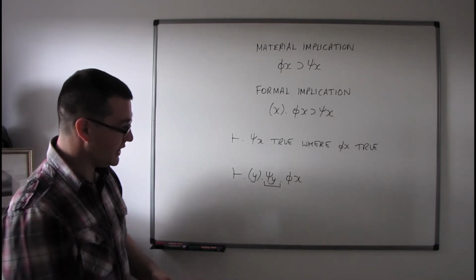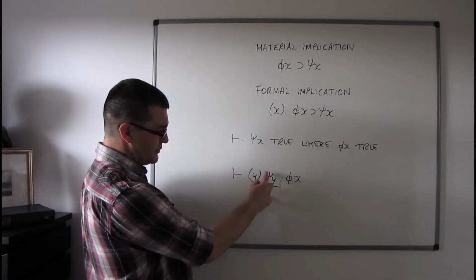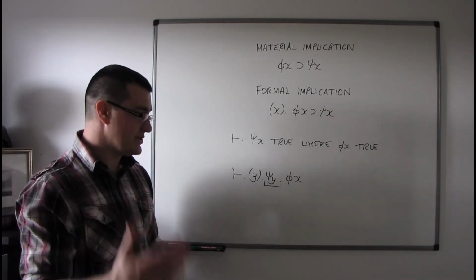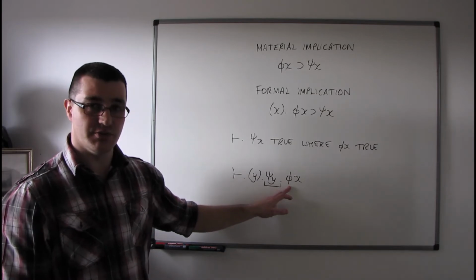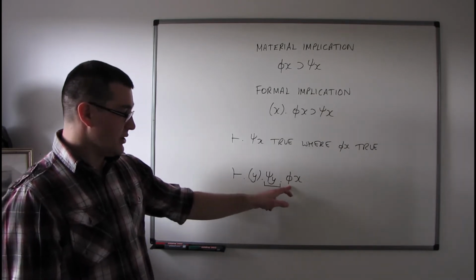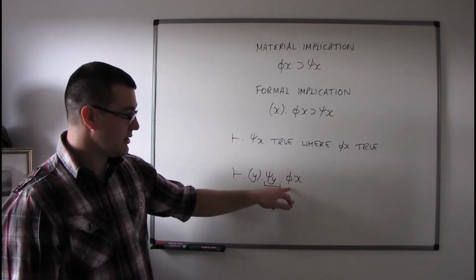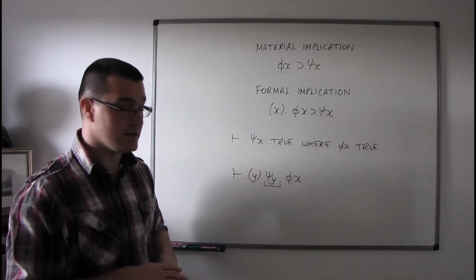Because, yes, this would require that psi be true for every value in its range of significance, but it would also require phi to be true for every value in its range of significance. Remember, the ranges of significance of phi and psi are the same. They coincide.